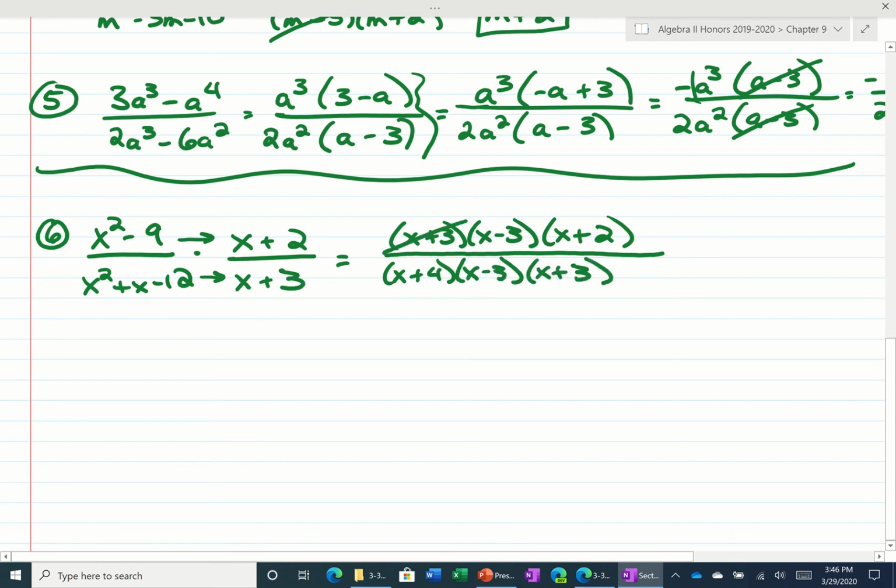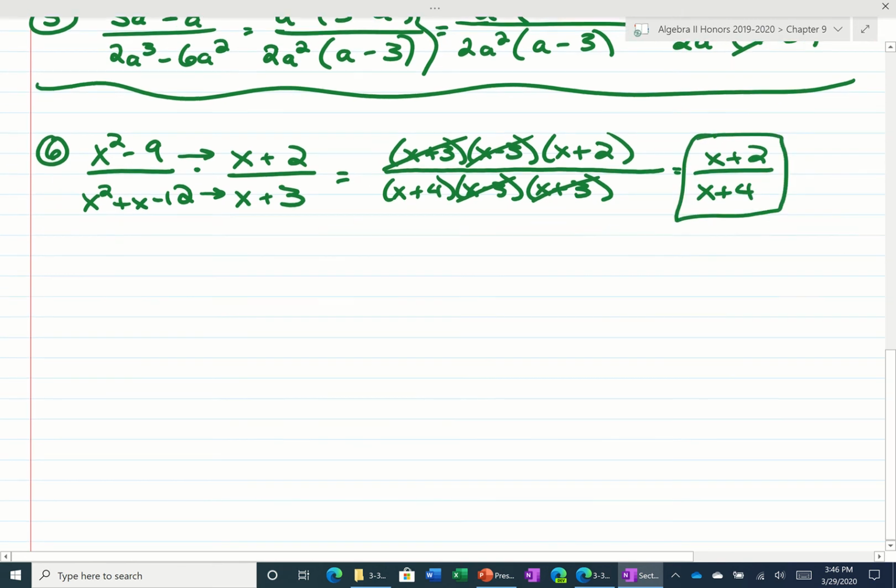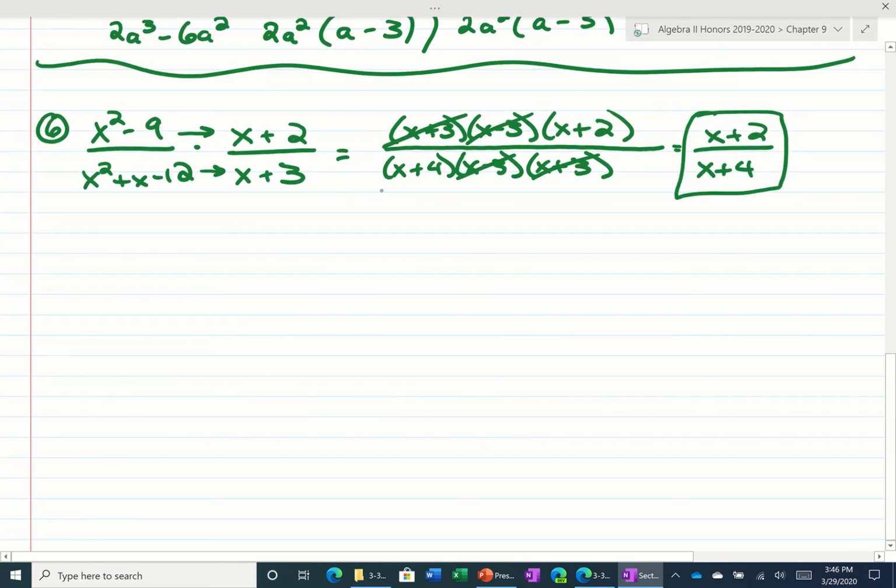It's kind of neat because these are the same, and we're just left with x plus 2 over x plus 4. We can cancel out these factors because there's no addition down here. All these terms are being multiplied together. If we're multiplying and dividing by the same factor, we can cancel them out.